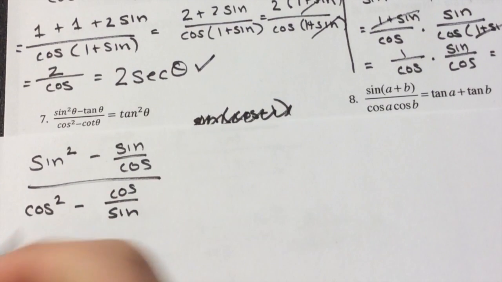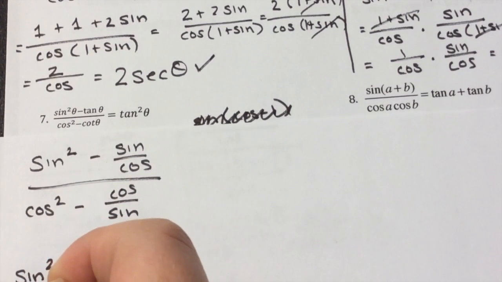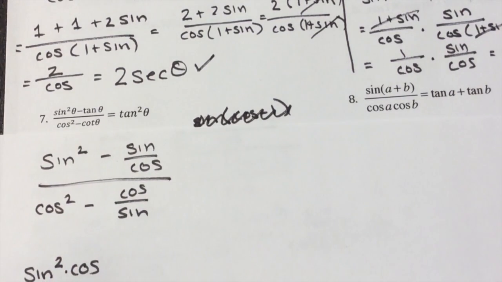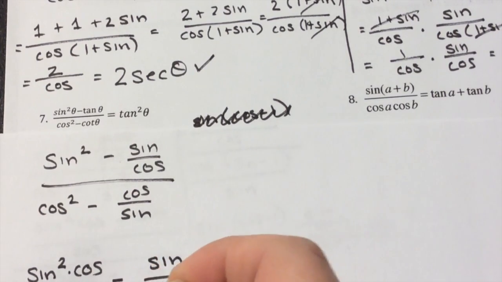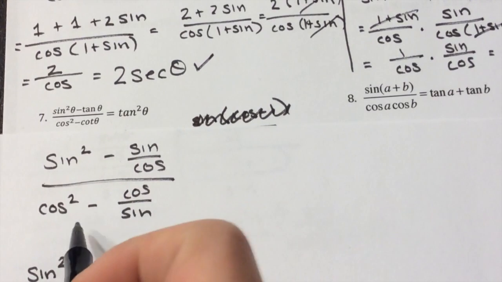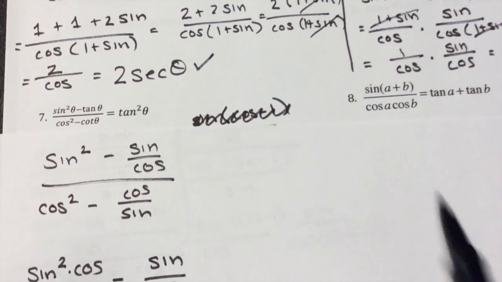So we're going to get a common denominator here. So I have sine squared, I need a cosine, over cos, minus sine over cosine, divided by, get another common denominator, so that's cosine squared times sine over sine, minus cosine over sine.